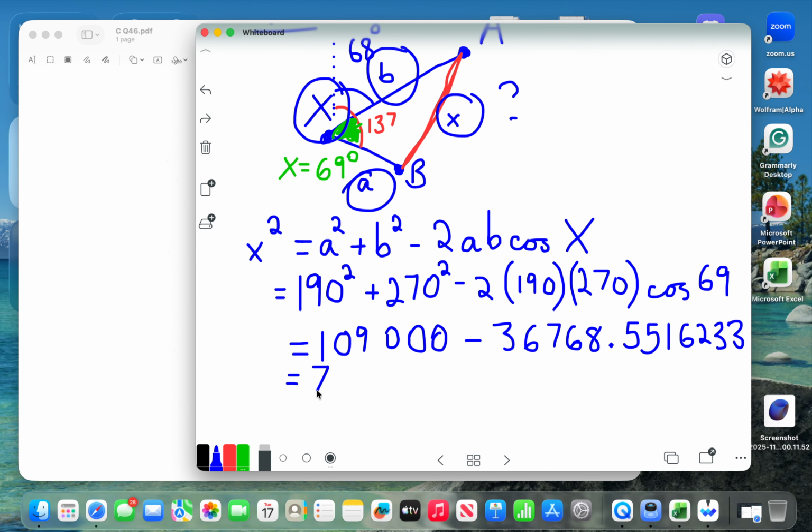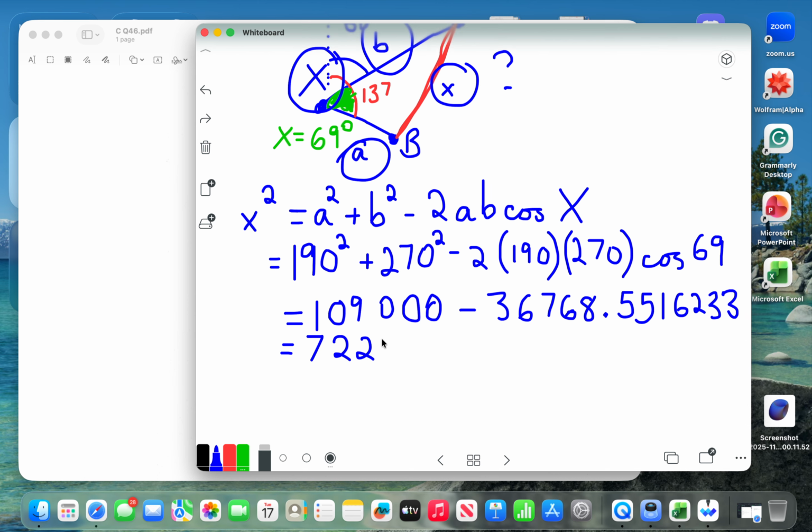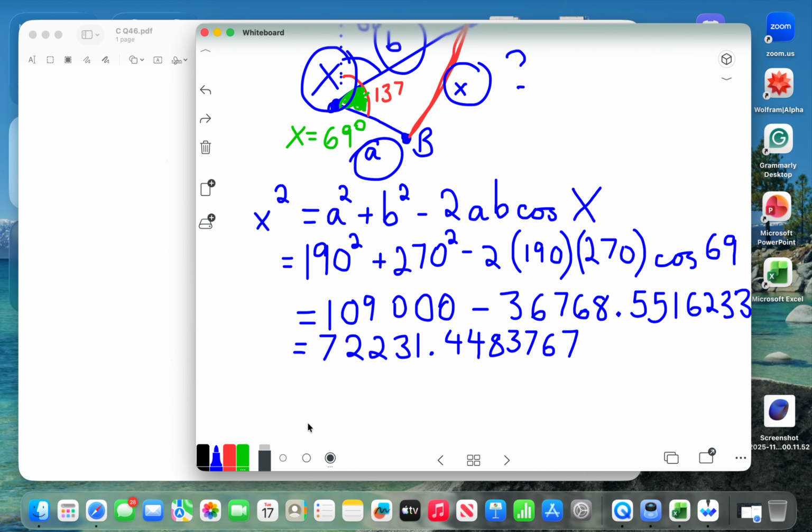So doing that is 72,231.448376. Taking the square root to get x, we'll call this AB.